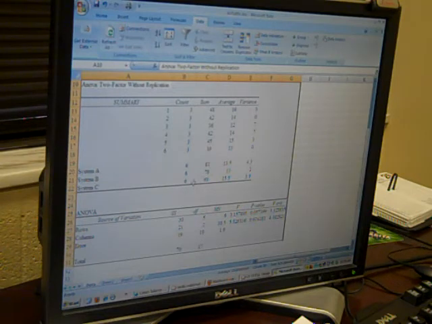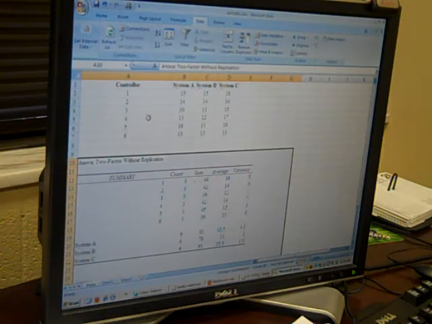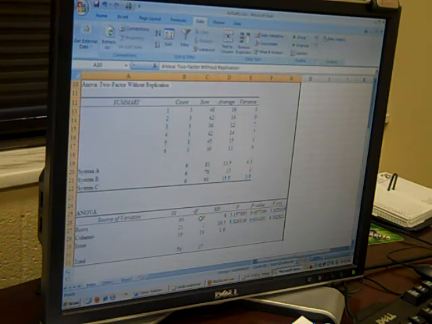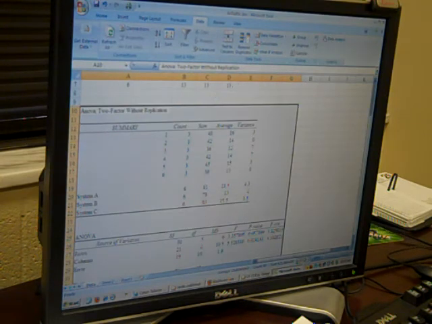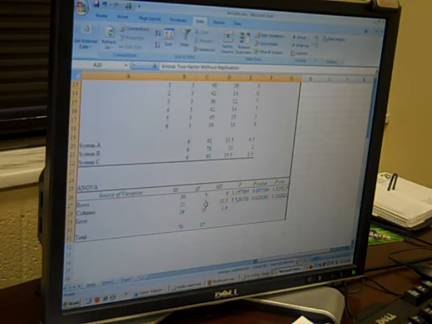The number of rows or blocks minus 1. This is the degrees of freedom for the blocks. In the columns, you have three, minus 1 is 2, and the degrees of freedom for the error is 10. If you add these elements, it's going to be 70.